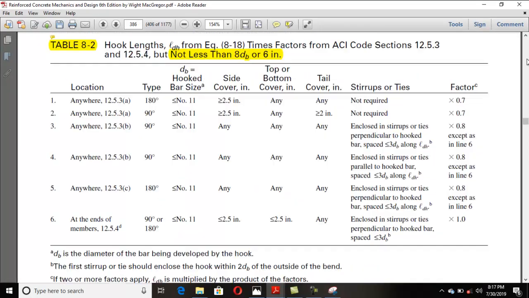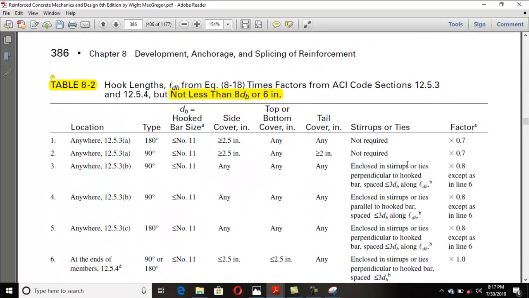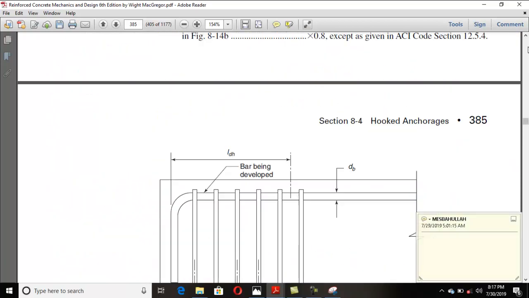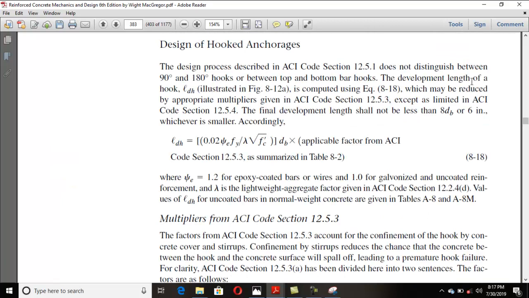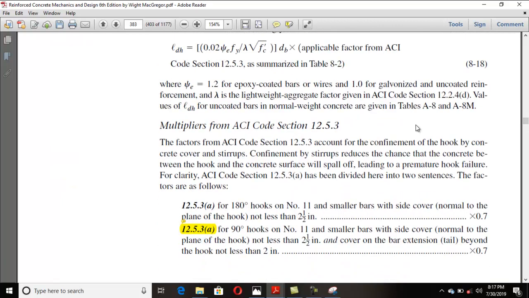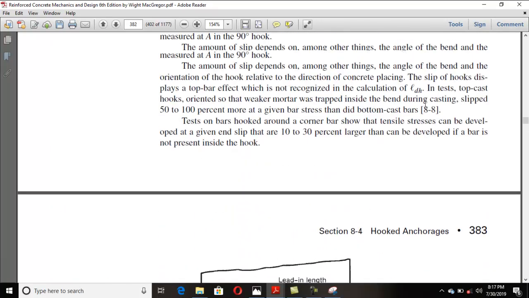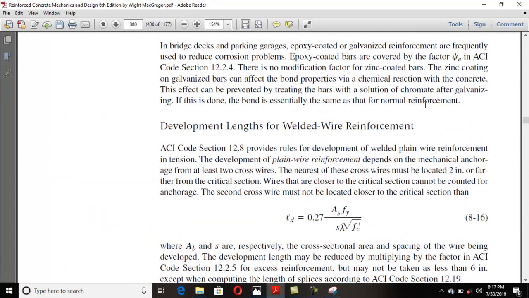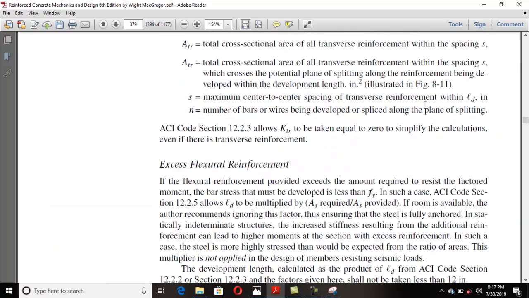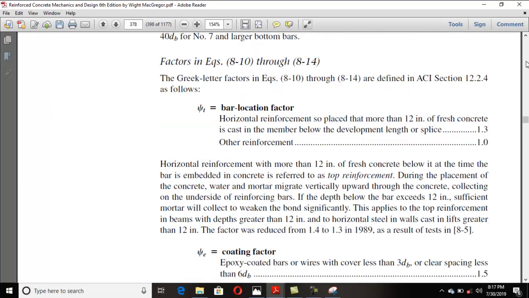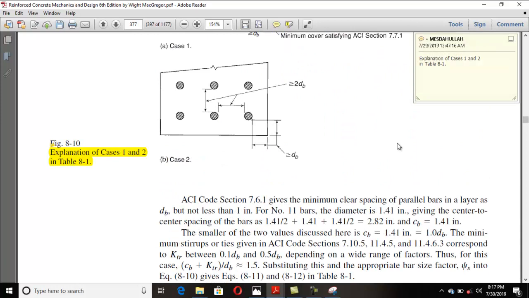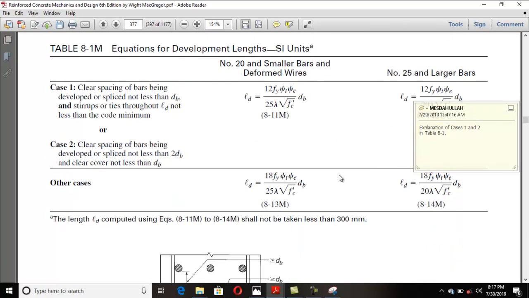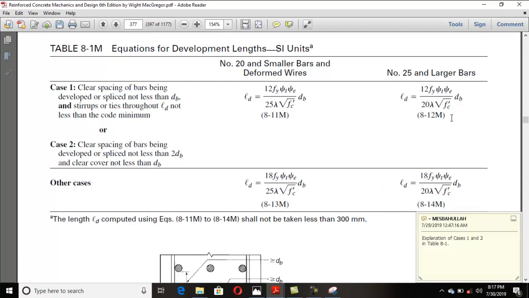In those restrictions, if I go to the table, here is the table, where the cases, case 1, case 2 and other cases, I will explain in full detail. So you will see this is case 1, okay.